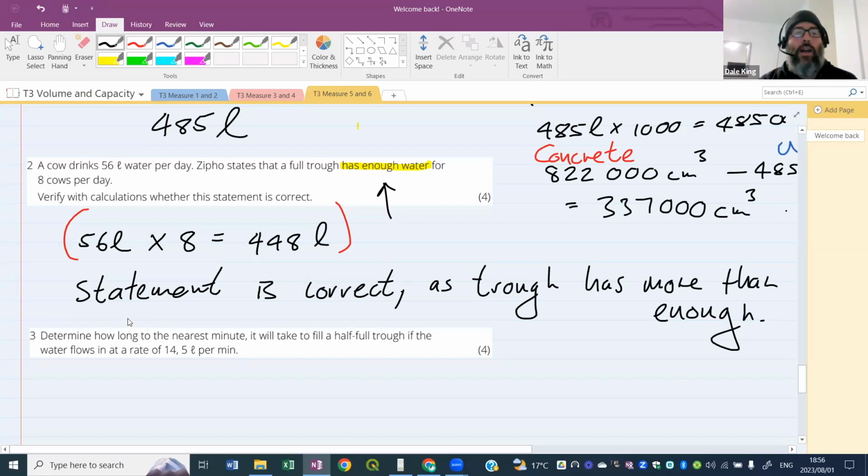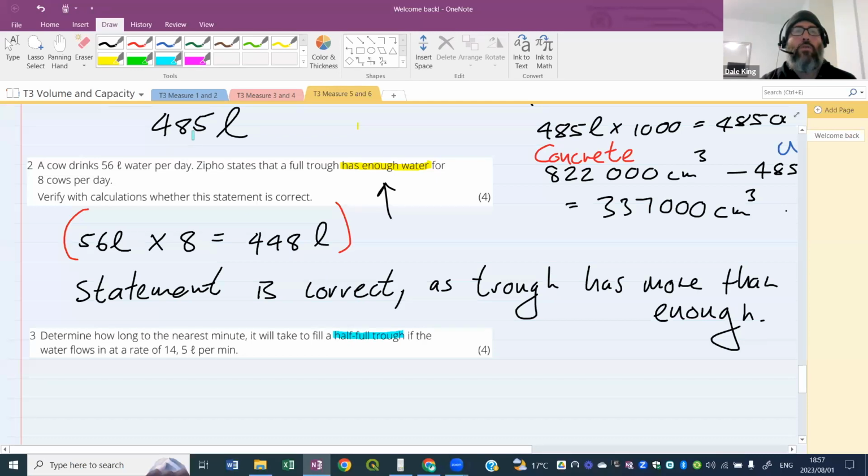Question 3. How long to fill half a trough if it's 14.5 liters per minute? First thing we need to do is work out what is half a trough.